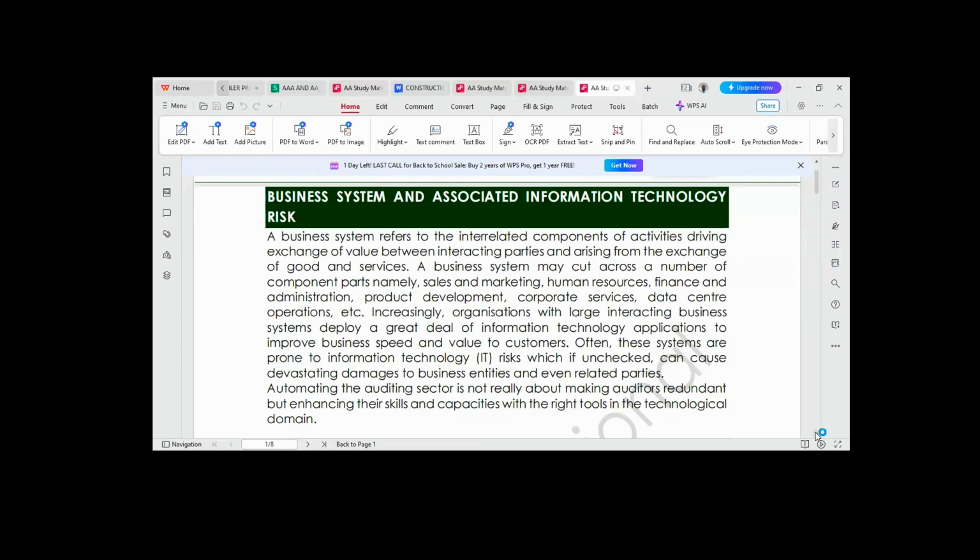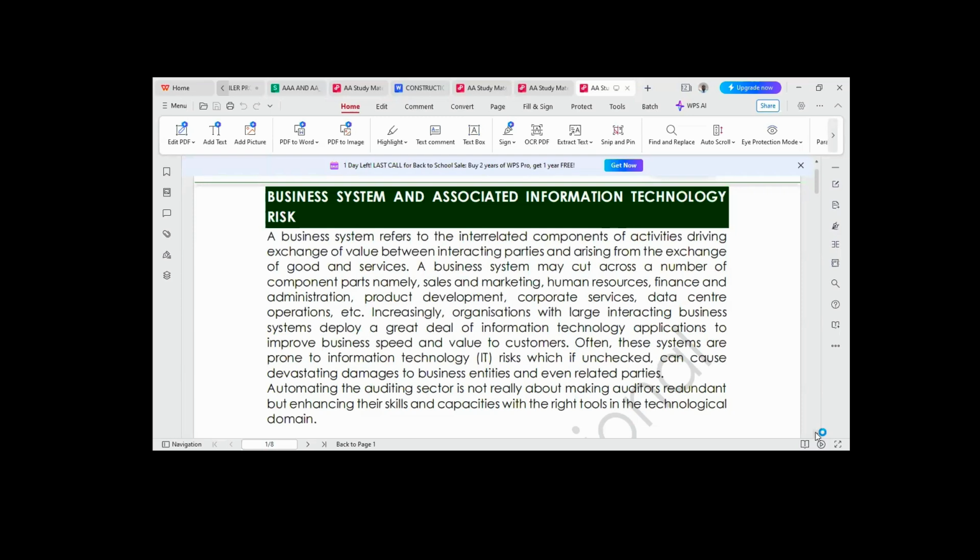But one thing we have seen is that even with the introduction of this IT, it exposes us to a whole lot of other risks that we did not want to envisage or consider in the first place. Hence we talk about what? IT risk.